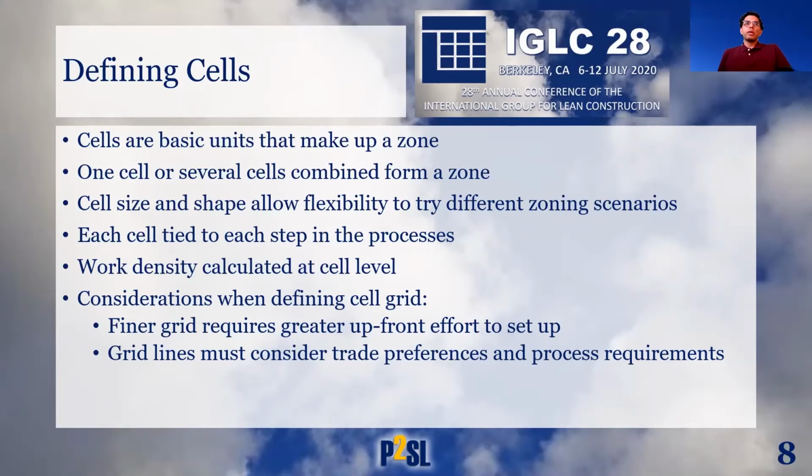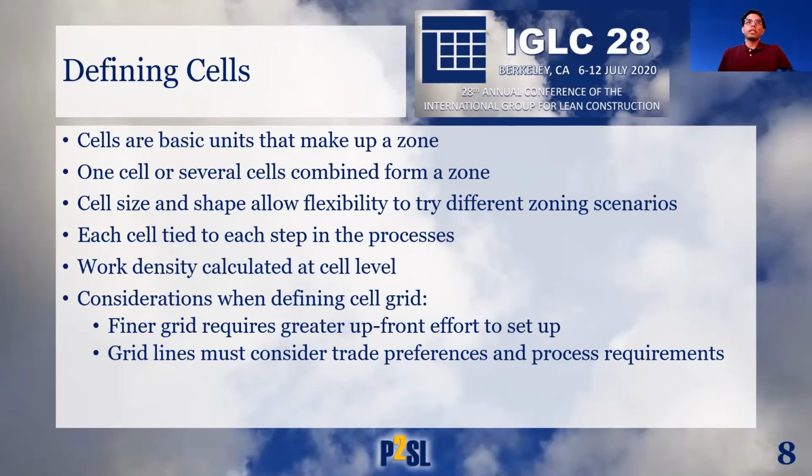In the project studied, inspection was the main customer downstream, and thus their preferences in defining workspaces were important to be incorporated in cell grid definition. Also, as the size of the grid changes, a finer grid size will provide more cells and more flexibility, but also require greater upfront effort to set up the tool.